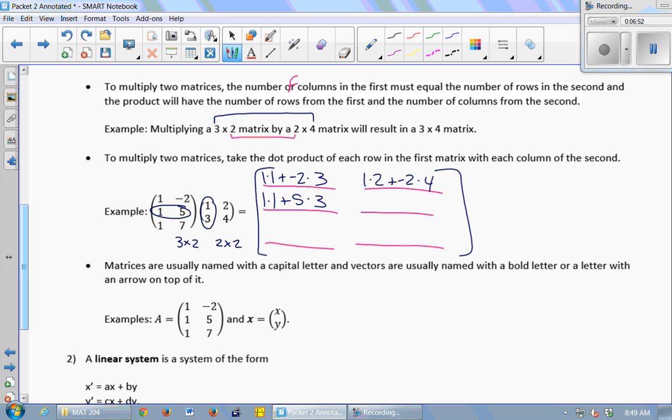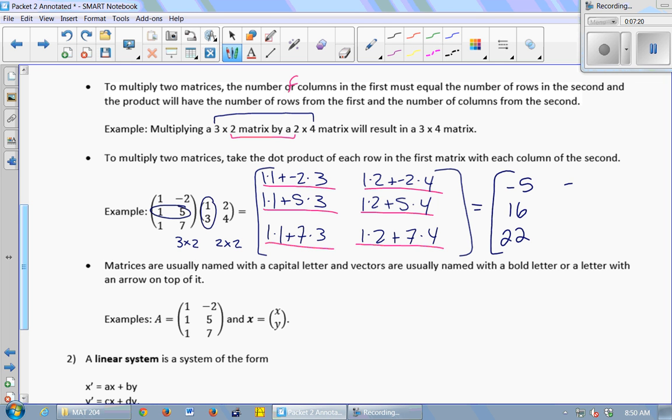So if I finish up my second row, second column would be 1 times 2 plus 5 times 4. And then I have 1 times 1 plus 7 times 3. And 1 times 2 plus 7 times 4. Okay, so my final matrix is going to be negative 5, 16, 22.